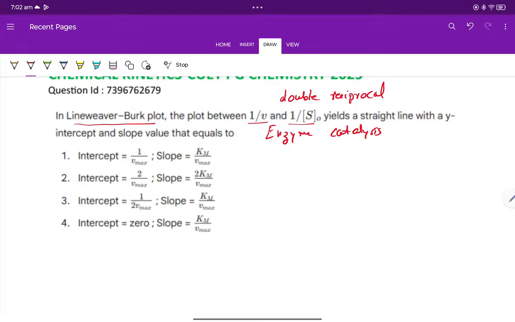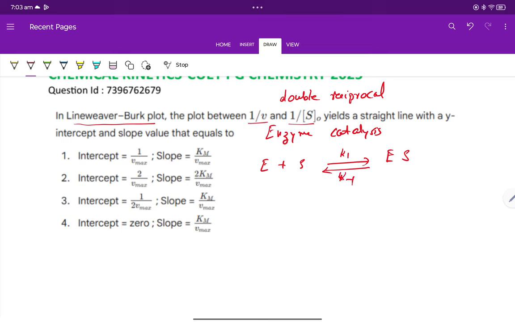If we go to the Michaelis-Menten mechanism, the enzyme plus substrate gives you the enzyme substrate complex, and it is a quasi equilibrium. The forward rate constant is k1, and this can be reversible also, so the reverse rate constant is k inverse 1.